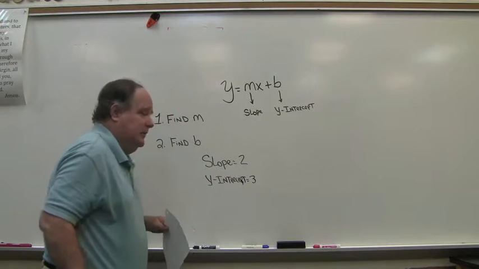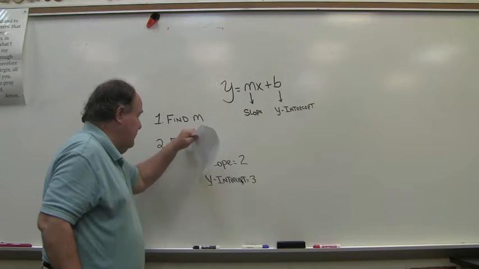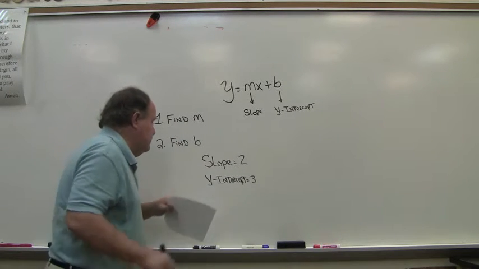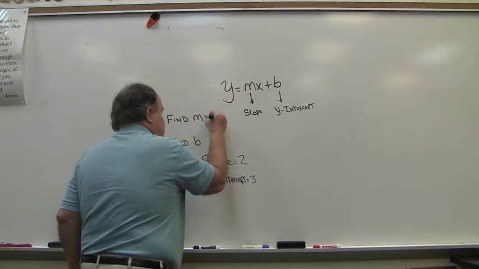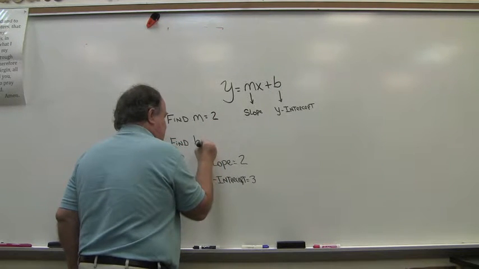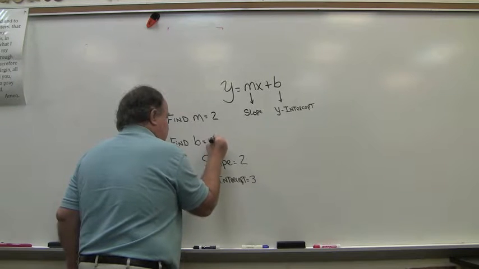Okay, well, we're lucky because we have our slope here and we have our intercept. So my slope m is going to be 2 and my y-intercept will be 3.